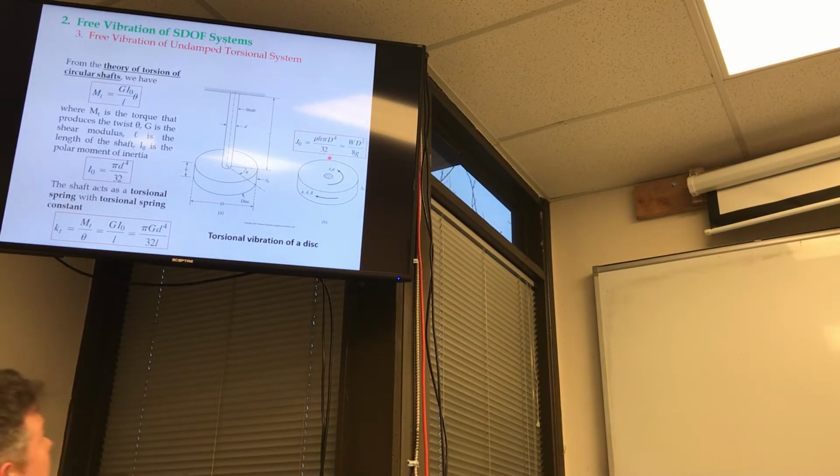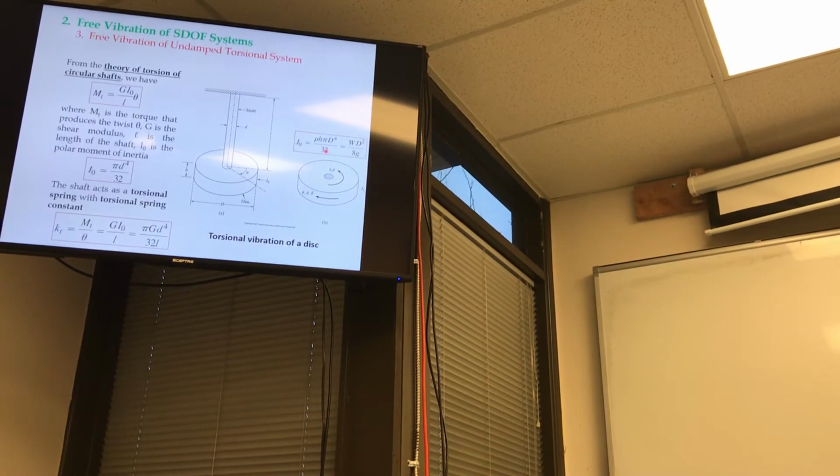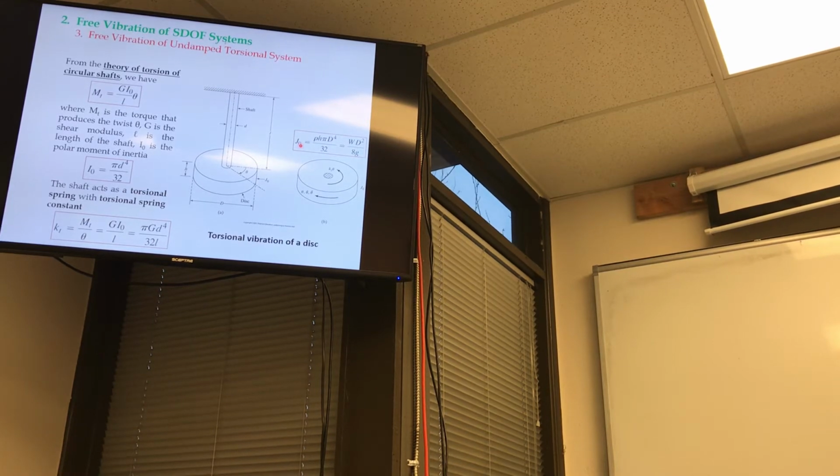Now, what is J here? That's another one of those inertia things. Do you think J is an area moment of inertia? Probably not. It's a mass moment of inertia.